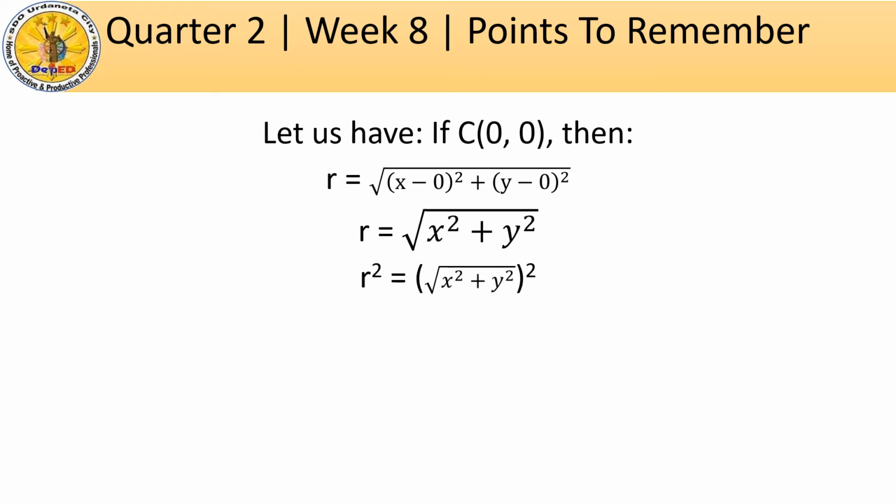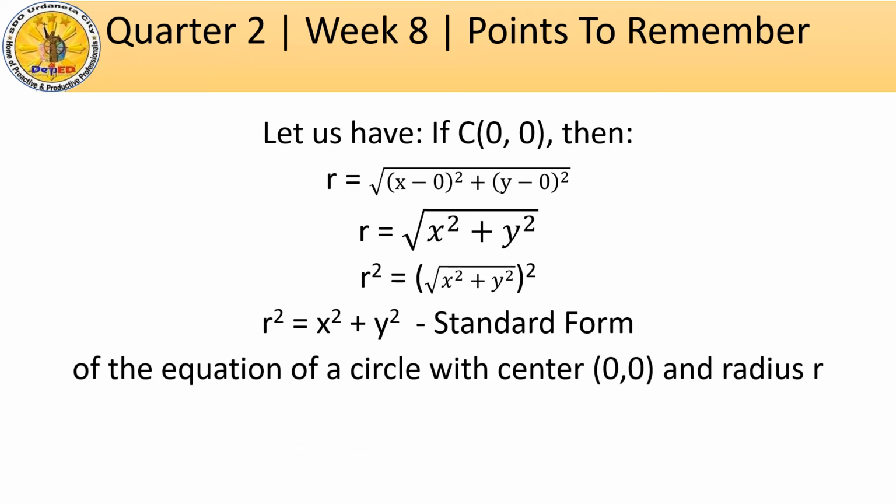Squaring both sides of the equation, we have r squared is equal to x squared plus y squared, or x squared plus y squared is equal to r squared, which is the standard form of the equation of a circle with center 0, 0 and radius r.